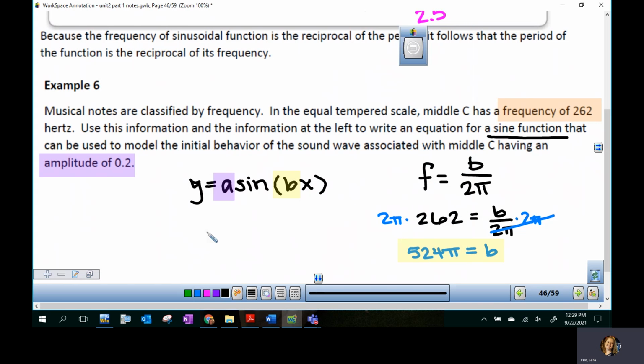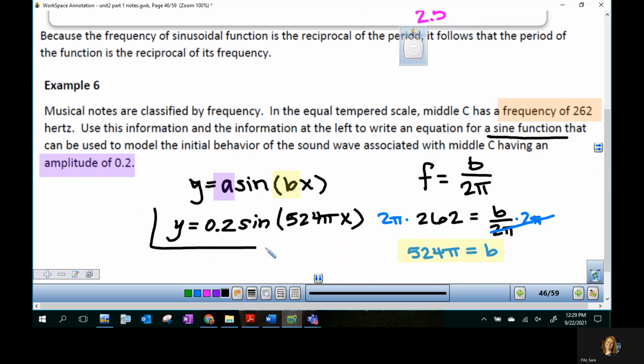So now I can write the equation as y equals 0.2 sine of 524 pi x. Does that make sense? Okay.